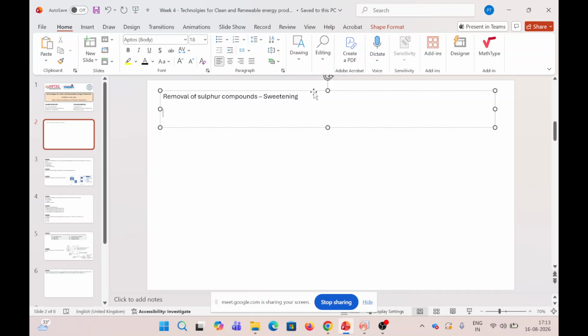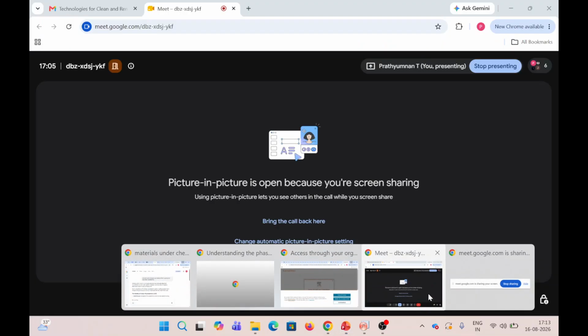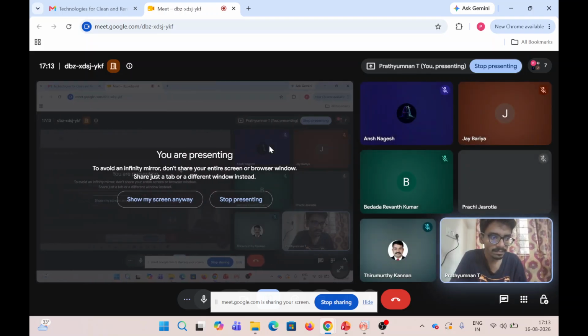And the sweetening is of four different kinds. There are four different processes. Anyone who is aware of those four different processes? The four different processes for sweetening.